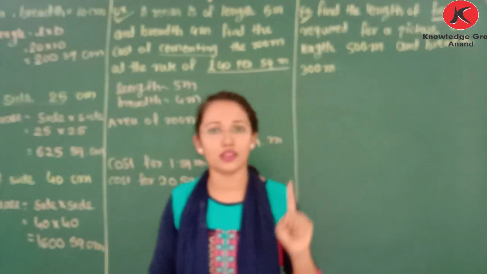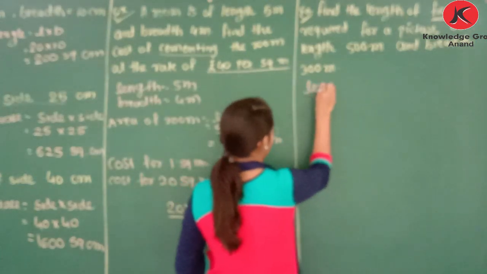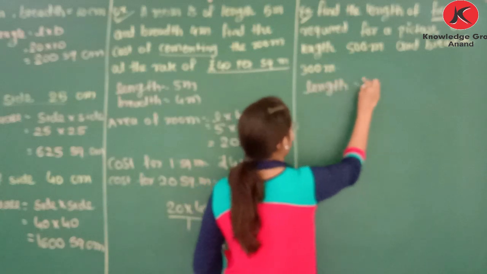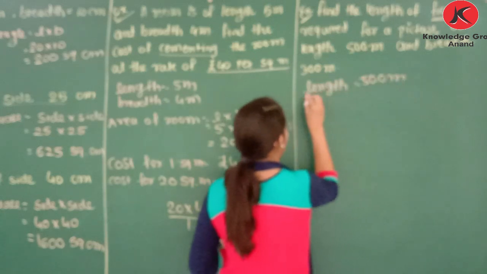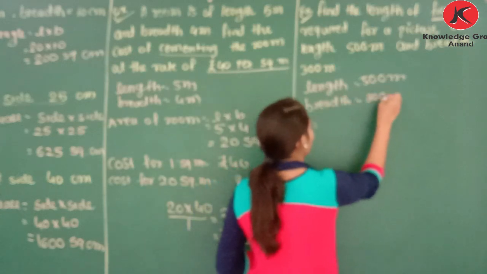So here we need to find the perimeter of rectangle with the length 500 meter and breadth 300 meter.